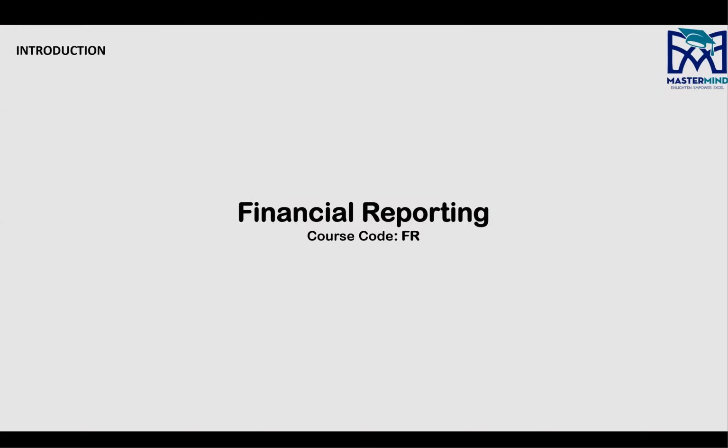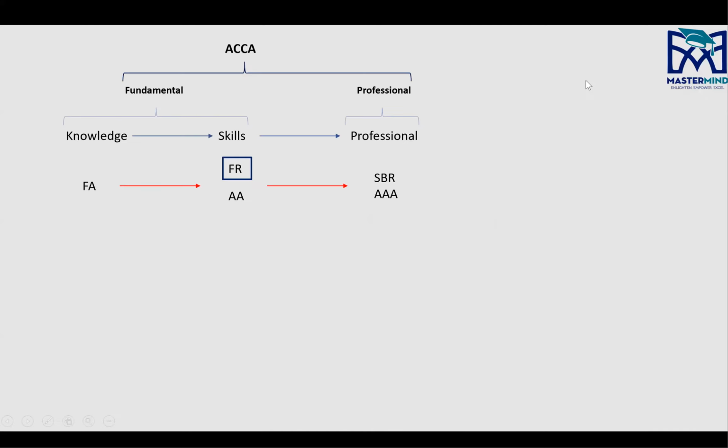Now, the structure of financial reporting comes from your financial accounting, which was previously known as F3, right? The direct knowledge of financial accounting is applied in FR, plus, to a great extent, extra knowledge that you have to apply, right?